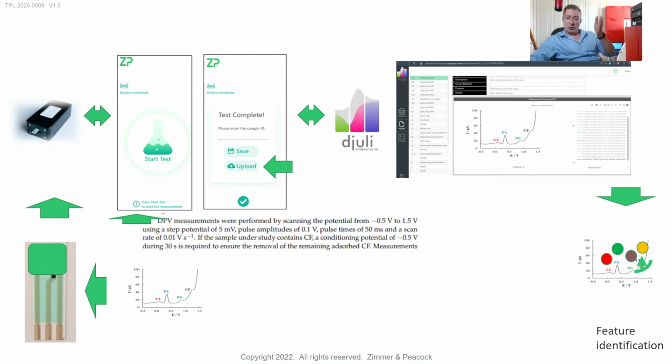If so, we can use a lookup table and say this voltage means we think this is paracetamol, or this is caffeine, for example. So we can identify the compounds. We can do things like baseline adjustment and then peak measurements.